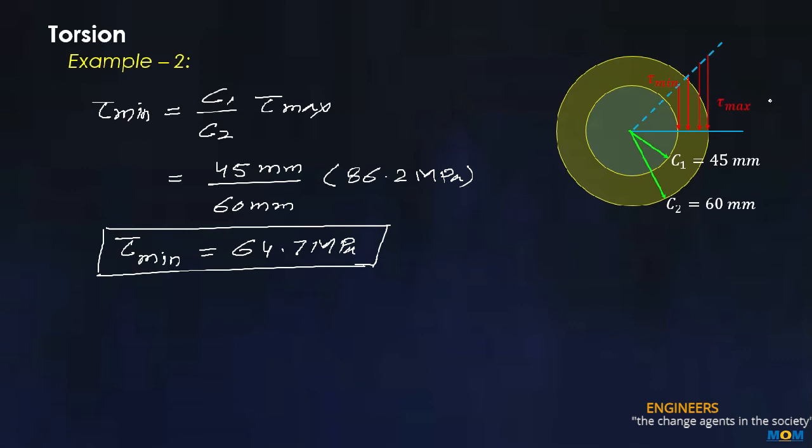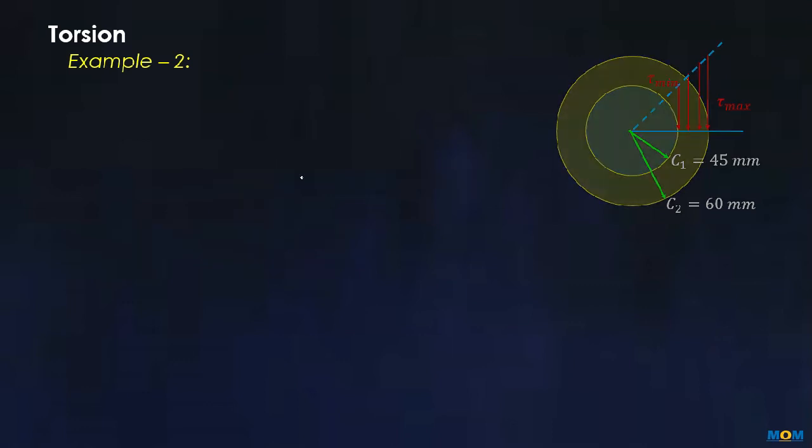Now the maximum value occurring here is 86.2 megapascal, and the minimum is 64.7 megapascal. Now we have calculated the tau max and tau minimum for the case of hollow shaft BC.